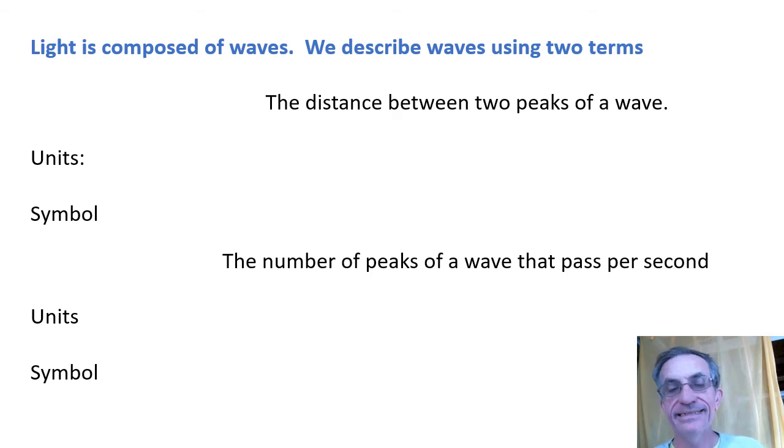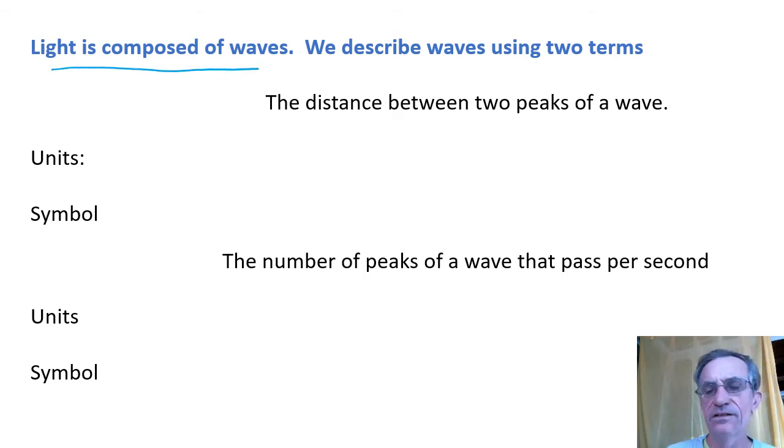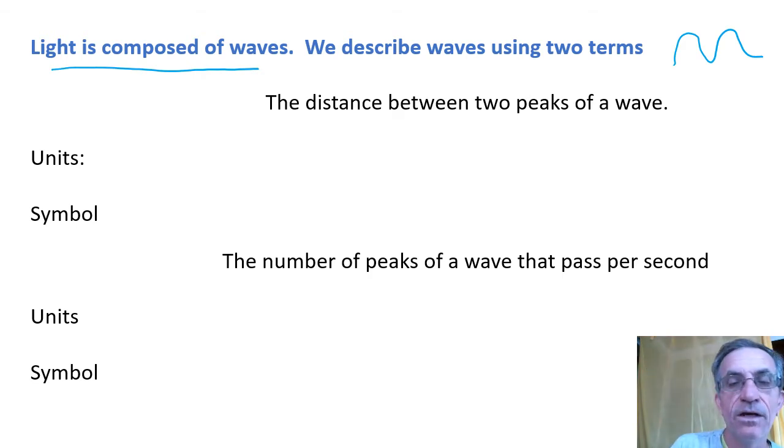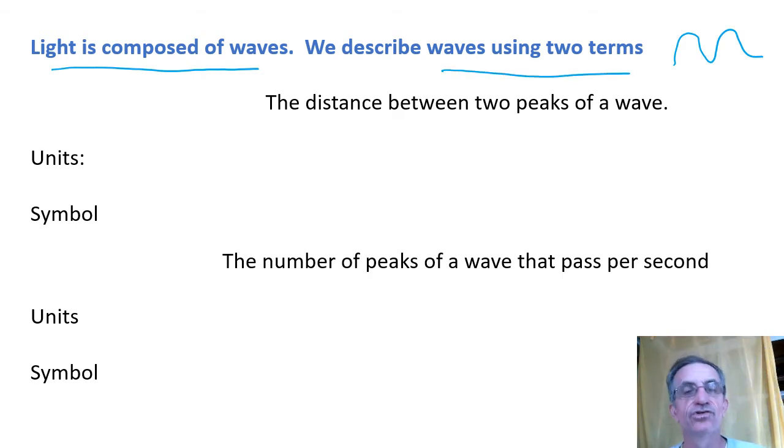Okay, as we continue on our little introduction to light, let me tell you, light is made up of waves, all right? So, you know, a wave, kind of like an ocean wave. Whenever we describe a wave, it could be light waves, sound waves, or ocean waves, we describe waves using two terms.